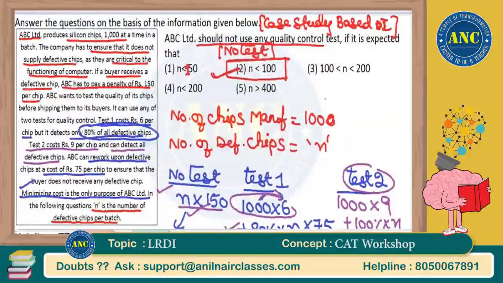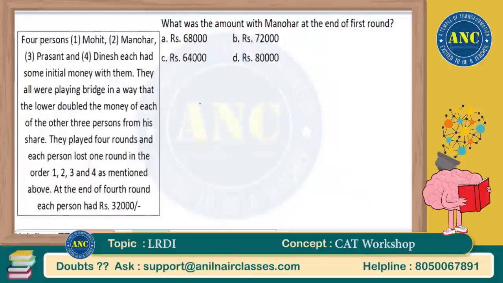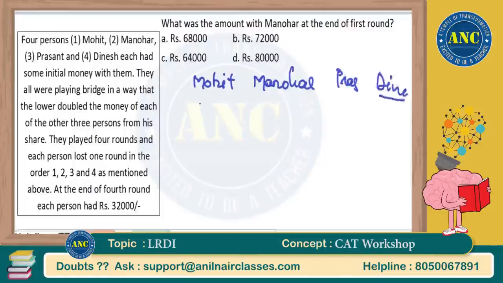Second question. Now you can solve all the questions, sir. Because I need to write it again, I asked you to take a screenshot. Mohit, Manohar, Prashant and Dinesh. What is the initial value we got?